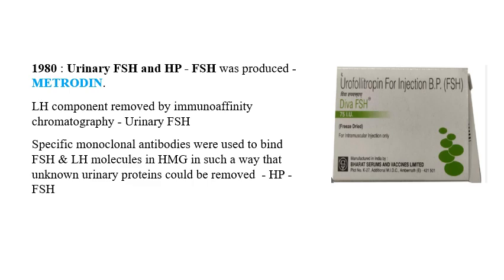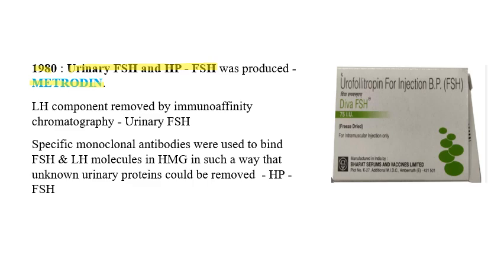Coming to 1980, we have urinary FSH and highly purified urinary FSH. This was known as Metrodin. How do we produce the urinary FSH and highly purified urinary FSH? We have already discussed this in the previous lecture on gonadotropin.